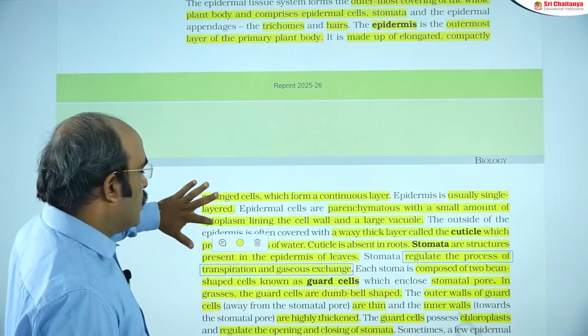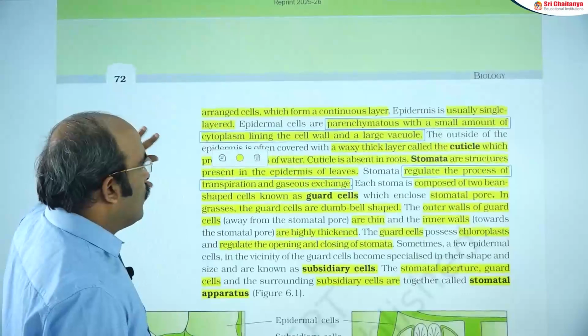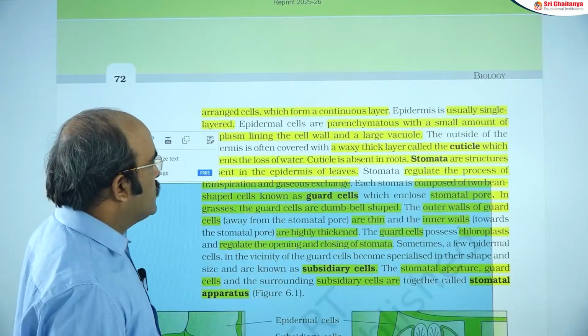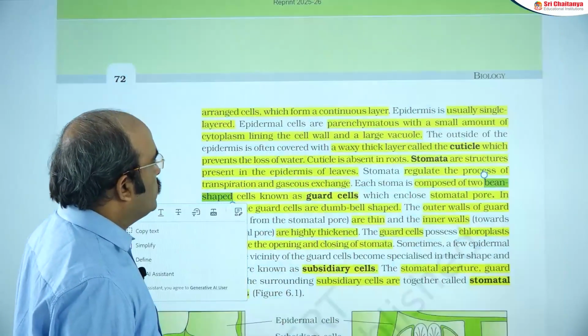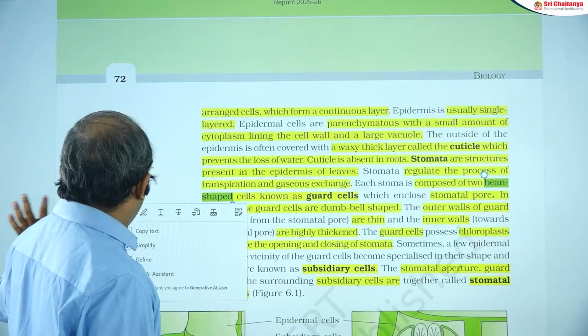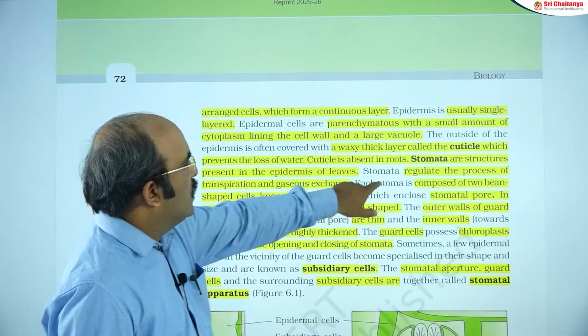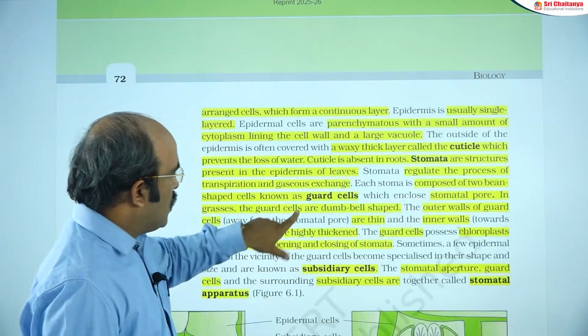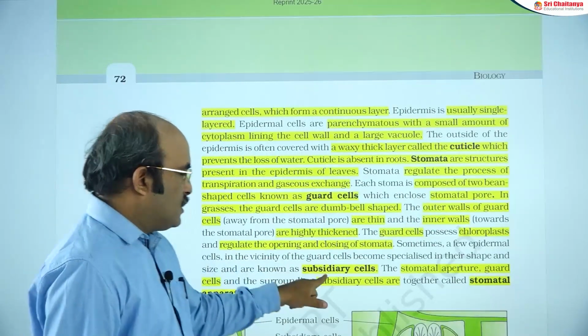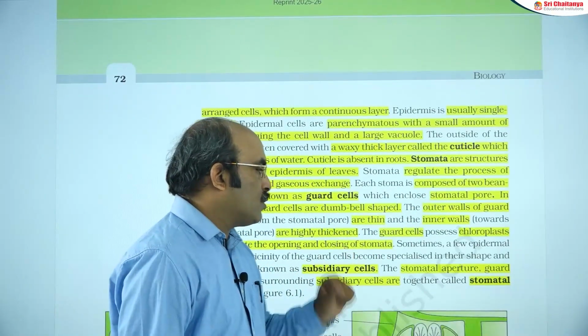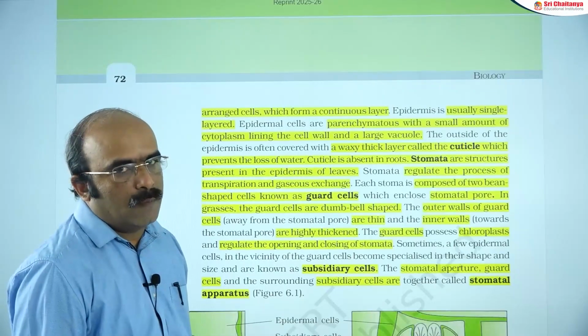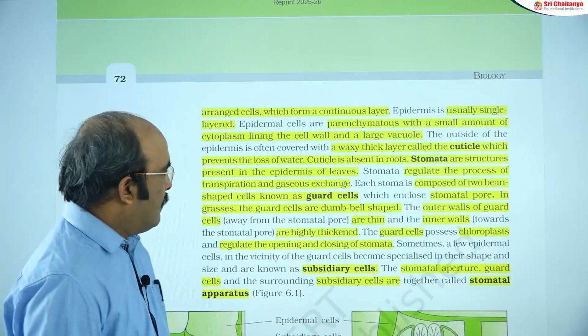So we will discuss the different components of the stomatal apparatus. Stomata are composed of guard cells, subsidiary cells, and also a stomatal aperture. These are the three components of the stomatal apparatus.